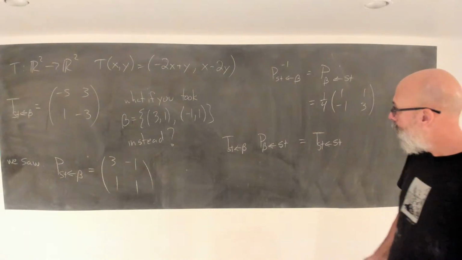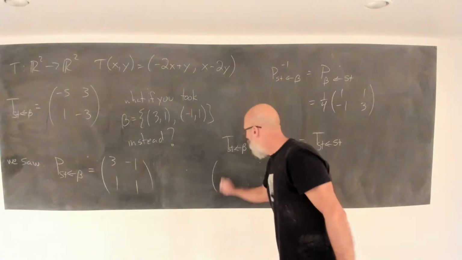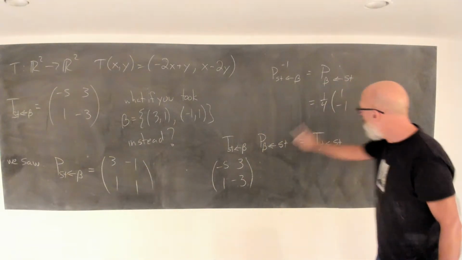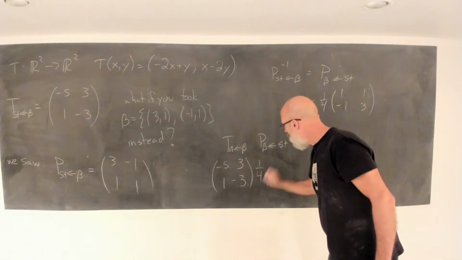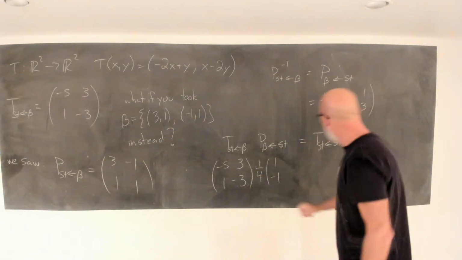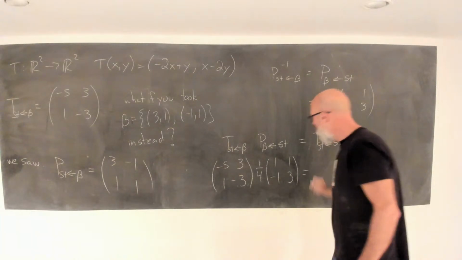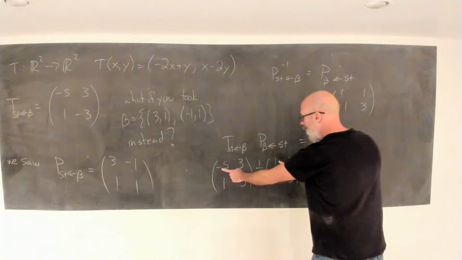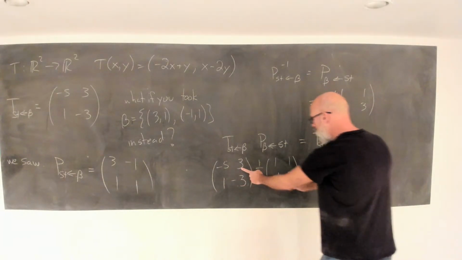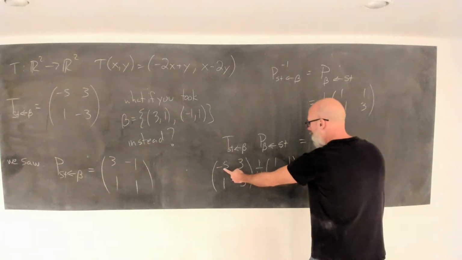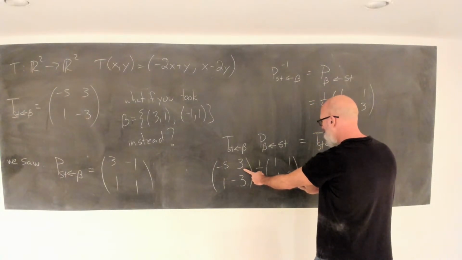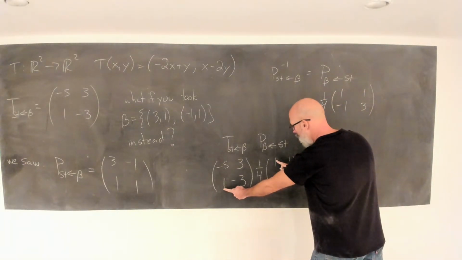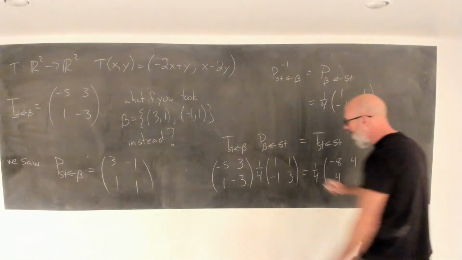Let's see if that's true. This is that. This is that. Let me pull the 1/4 out. So minus 5 minus 3 is minus 8. Minus 5 plus 9 is 4. 1 plus 3 is 4.